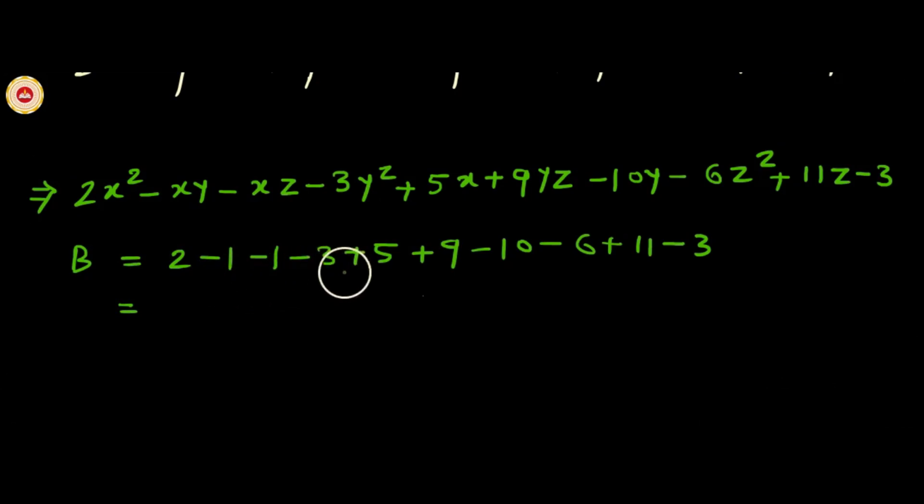Minus 3 plus 5 plus 2 plus 2 plus 9 is 11, 11 minus 10 is 1, 1 minus 6 is minus 5, minus 5 plus 11 is 6, 6 minus 3 is 3. So the bijank, the digital root of this expression, is 3.